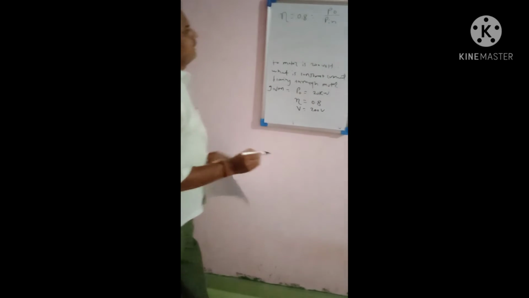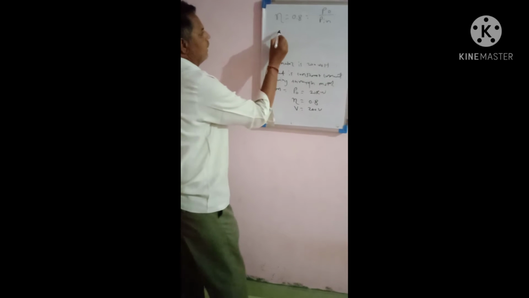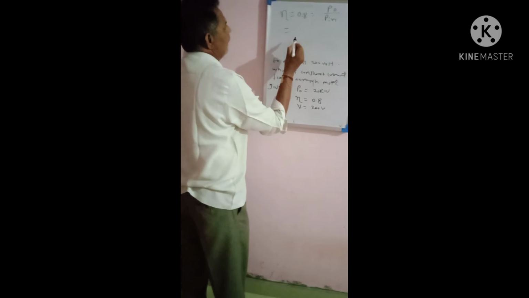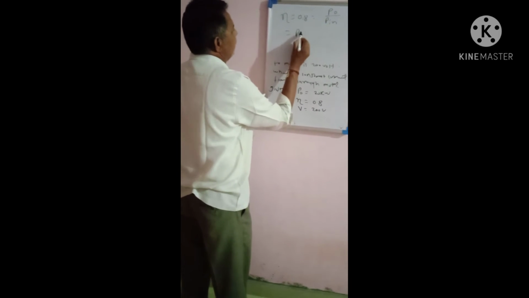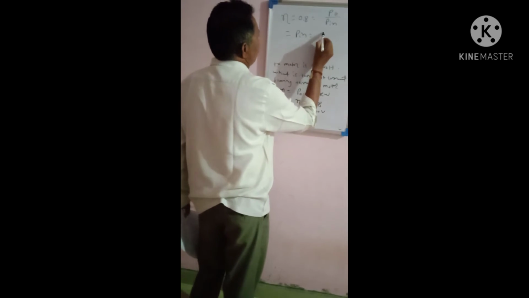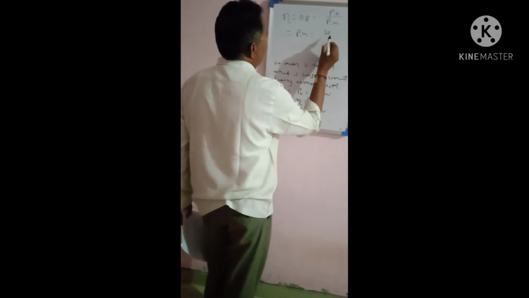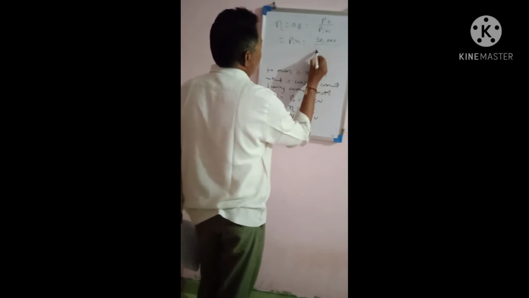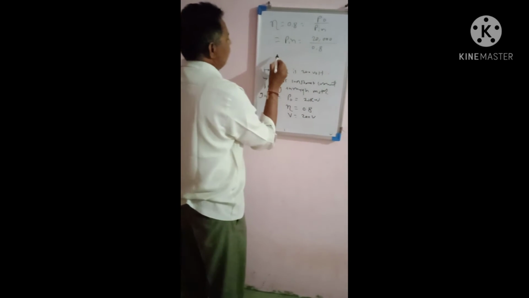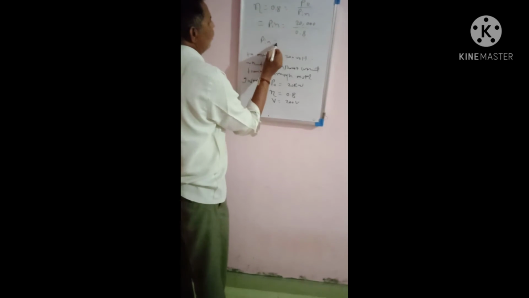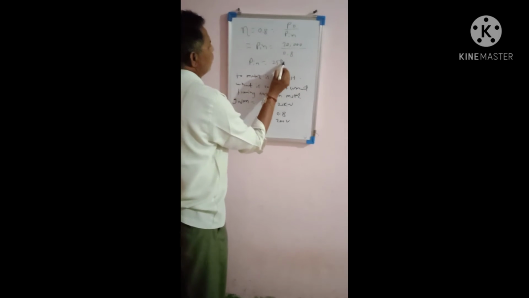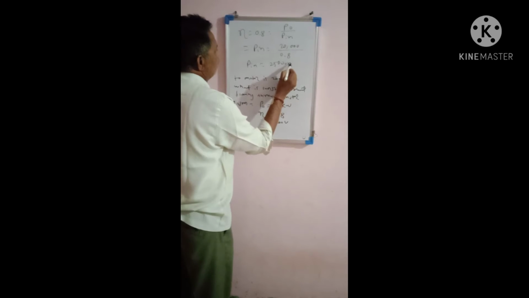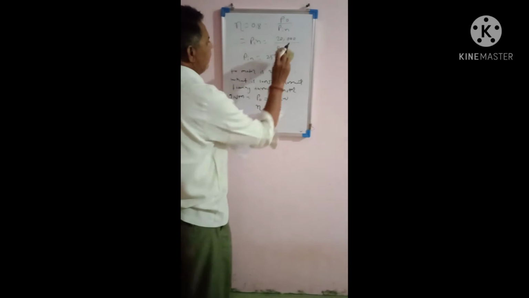Now from this expression, with the given output power, we can easily calculate the input power. P in becomes the output power, the given 20 kilowatt, converted into watt, 20,000 watt, divided by 0.8, and here we get input power P in equal to about 25,000 watts.